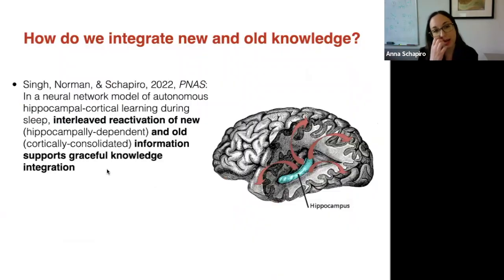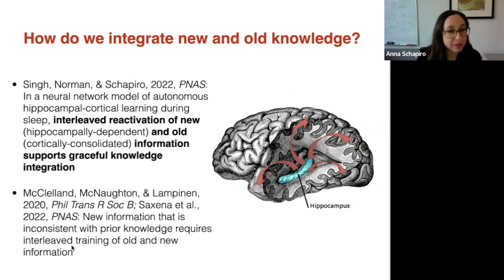We had a neural network model of autonomous hippocampal cortical learning during sleep that said that interleaved reactivation of new hippocampally dependent and old cortically consolidated information supports graceful knowledge integration over time. There are some other papers that make a similar argument, where theoretical work shows that new information that's inconsistent with prior knowledge requires interleaved training of old and new information.